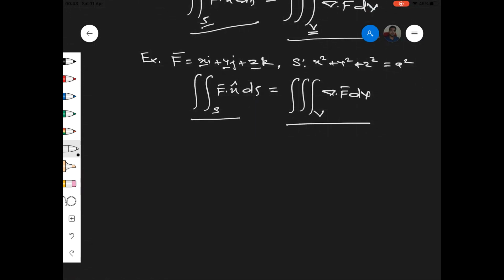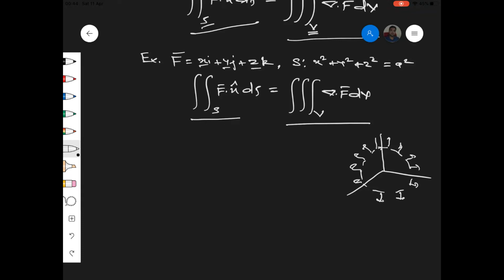You can easily see the left hand side is nothing but the flux of F through this surface S, which is a sphere. This is what we want to evaluate.